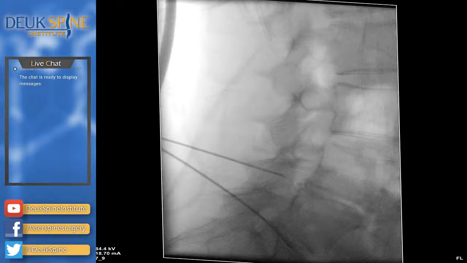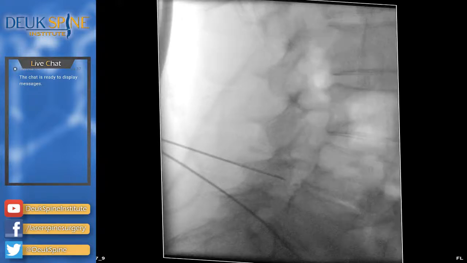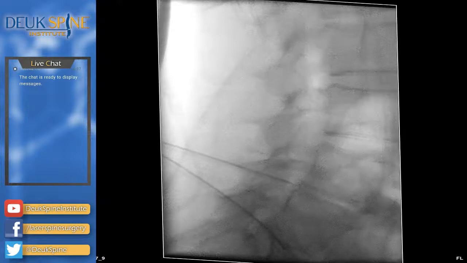Where do you feel that? Not down your leg. But just your back and your butt, not down your leg?